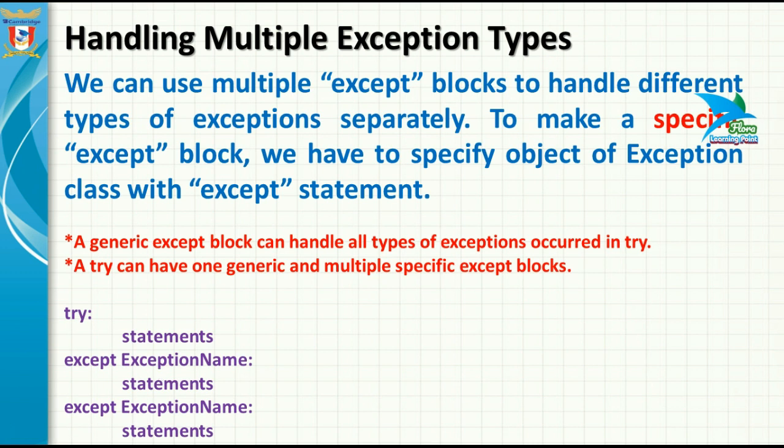If you define specific except blocks, then you will be able to define multiple except blocks with a single try. A generic except block you can define only one with a try, but with specific except blocks you can define multiple except blocks to handle multiple different types of exceptions with a try.